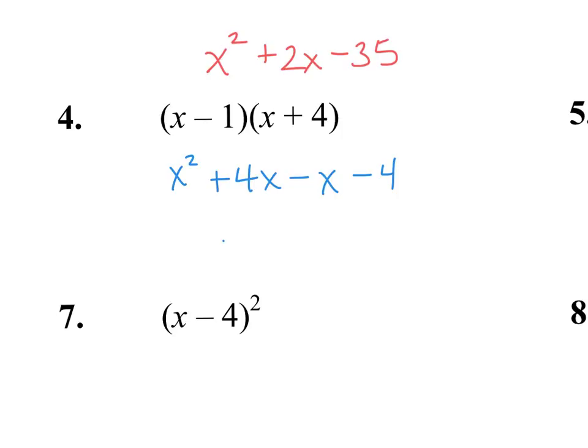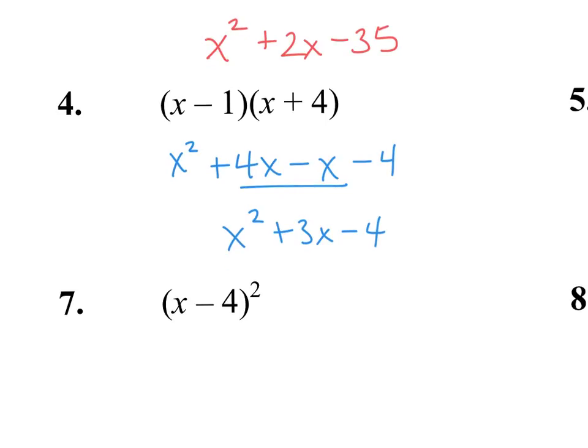I got x squared plus 3x minus 4. Agree or disagree? Agree. Okay, you should get the 4x minus the 1x to combine to be the 3x. So, big thing is, little mistakes people make is they do x times x is 2x. Make sure you understand x times x is x squared. Okay, and then after that, it just comes down to your like terms.